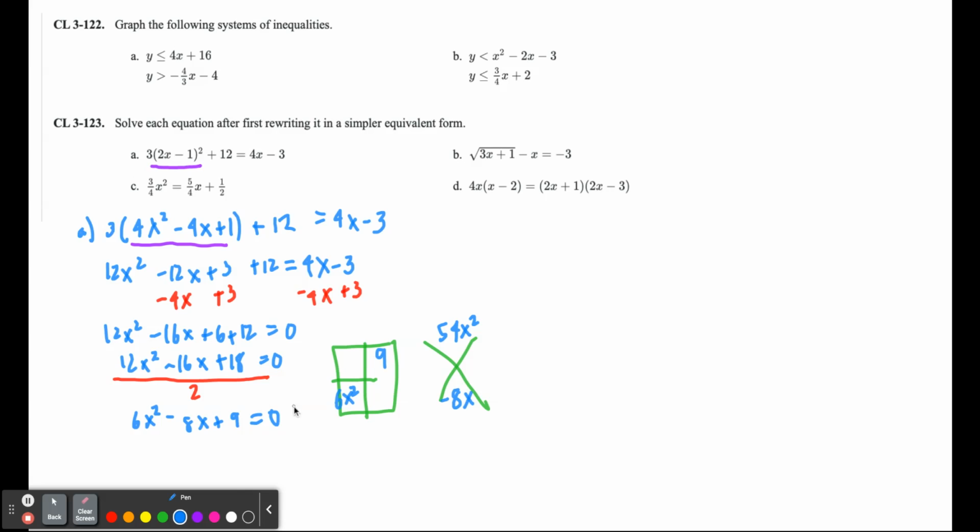So then the next step is to use the quadratic formula, but then you get a negative under the square root. So that means there's no real solution. And if you graph each of these separately, you'll notice that they don't intersect, so that confirms that there's no real solution.